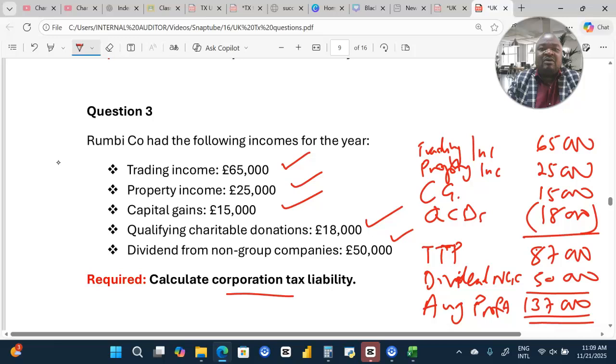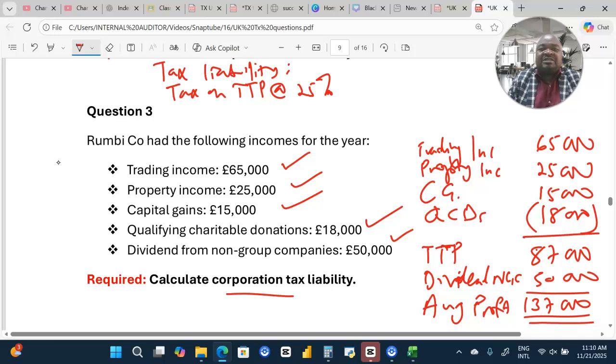This is how you compute the tax liability.